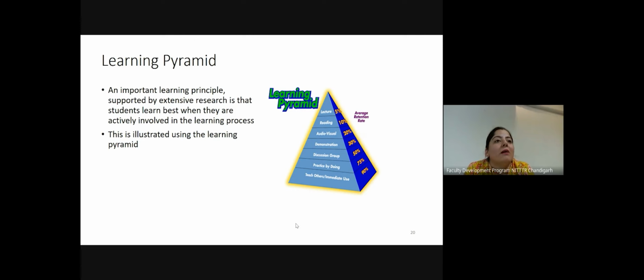When they are doing something on their own, retention is 75%. And when the student is teaching other students or there is immediate use of the teaching, the retention of material is up to 90%. So what we need to do more is involve the students in the process of learning.